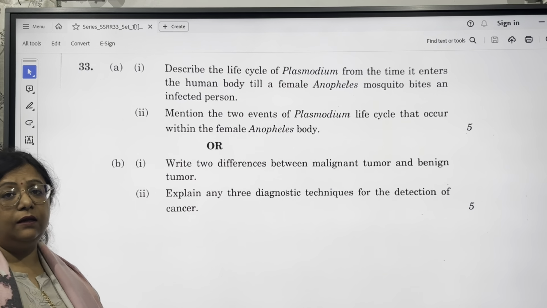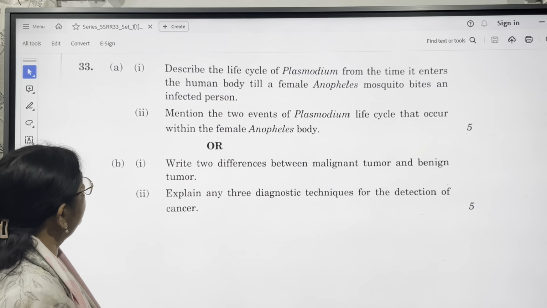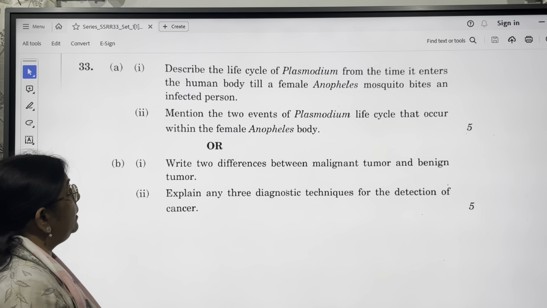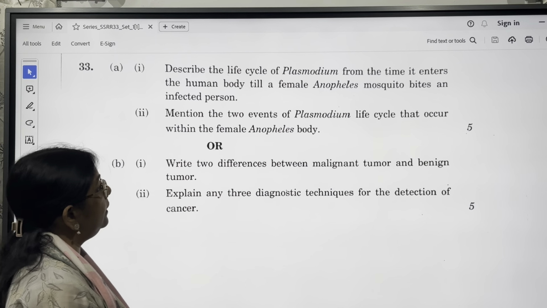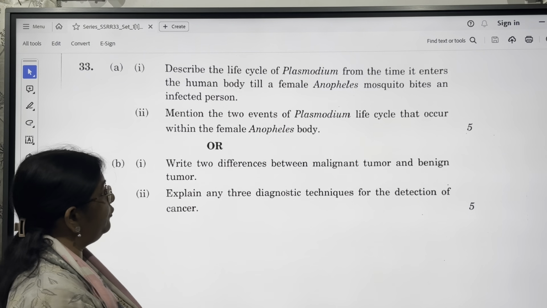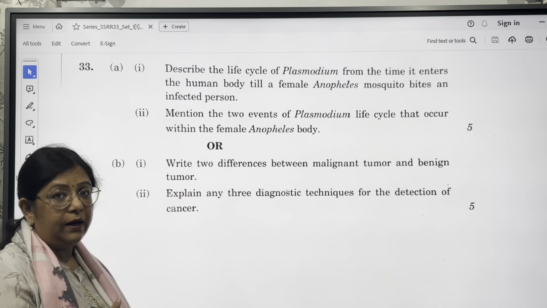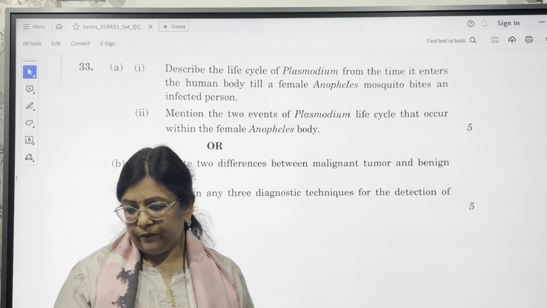Question number 33, the last question of this question paper. Describe the life cycle of Plasmodium from the time it enters the human body till a female Anopheles mosquito bites an infected person. For this you have to draw a part of the life cycle of Plasmodium.